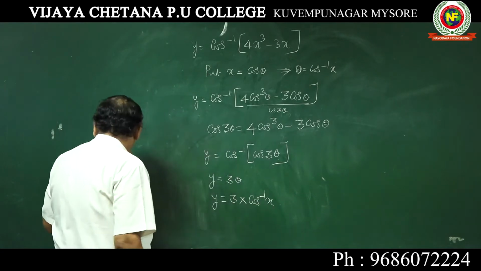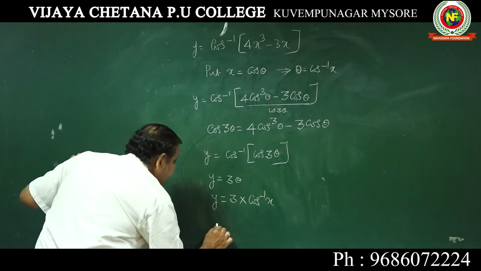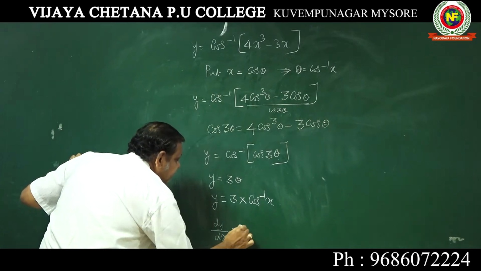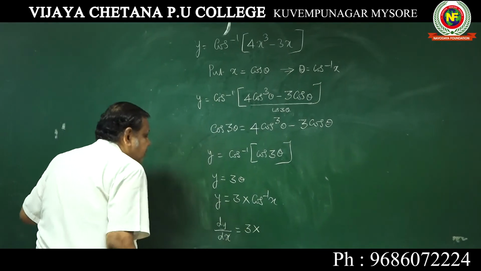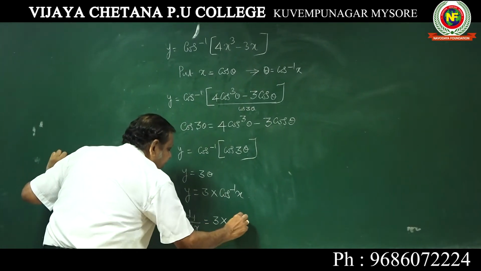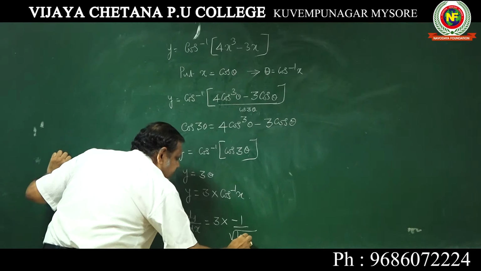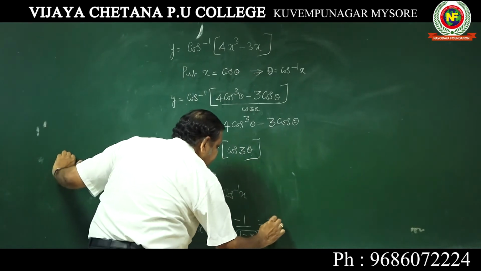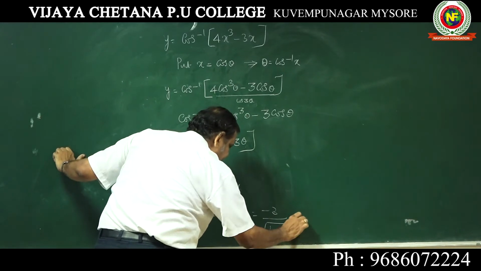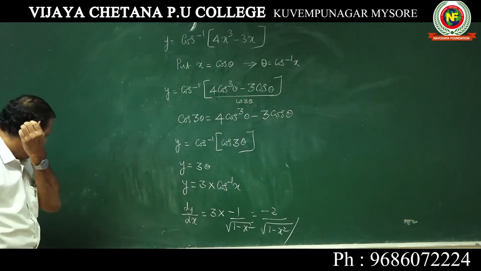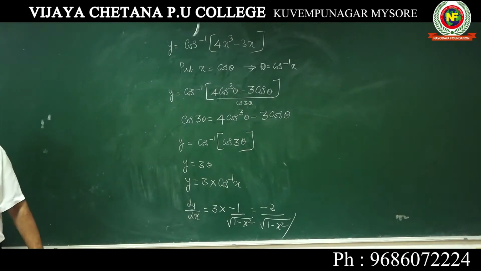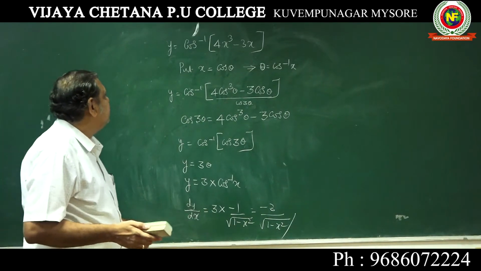When you differentiate, dy by dx will be 3 into, for cos inverse x differentiation you know, it's a constant 3 times minus 1 over root of 1 minus x square. The answer is minus 3 by root of 1 minus x square, the final answer for this one.